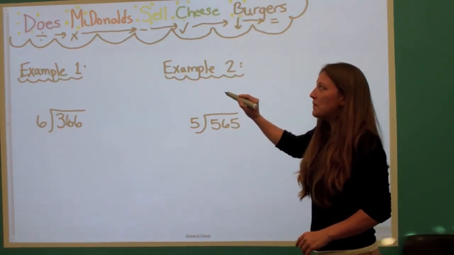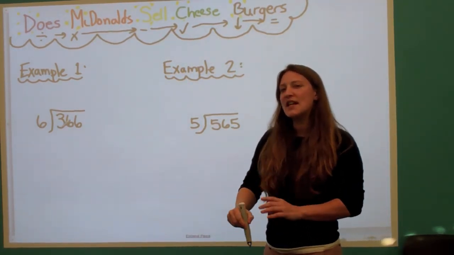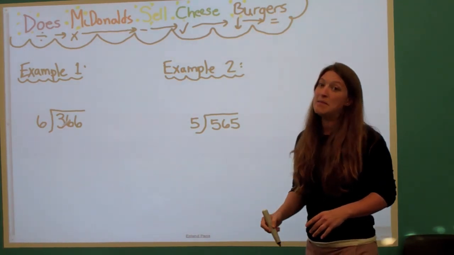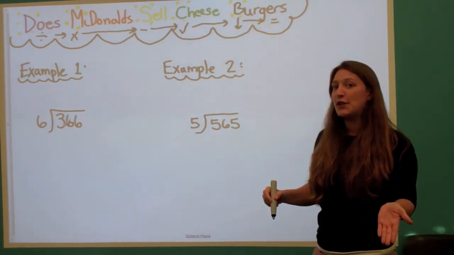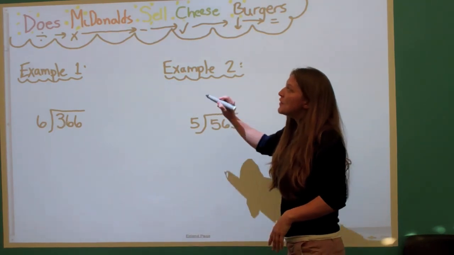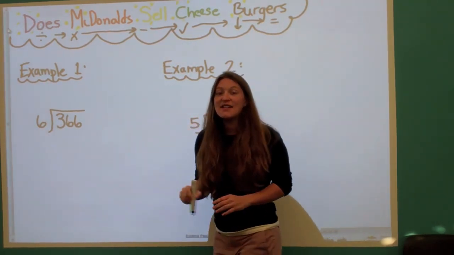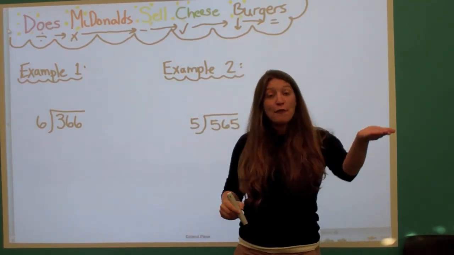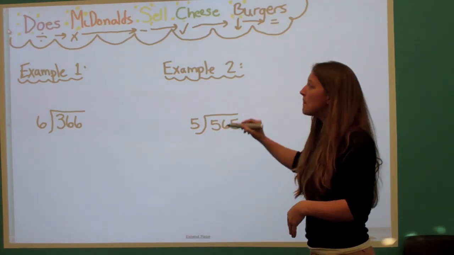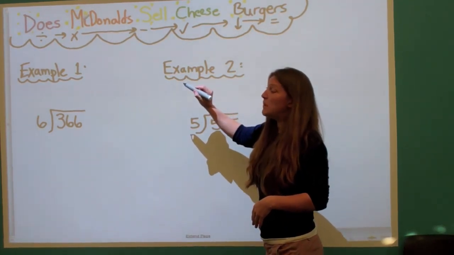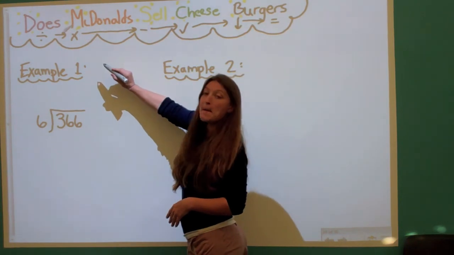Each letter stands for an operation in math that we're going to do in long division. So the D in does stands for division. So first we divide. The M in McDonald's stands for multiply.